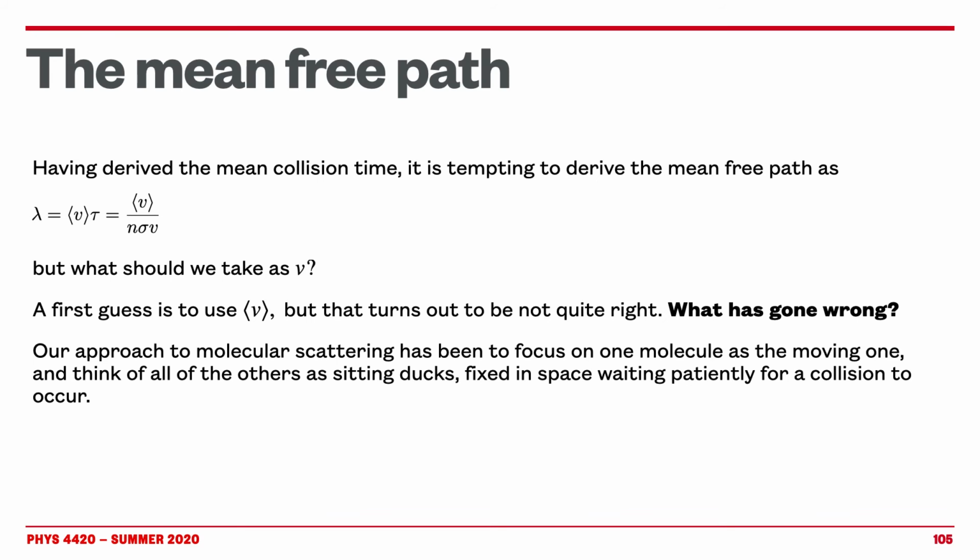So you would think that now that we have the time, it's very simple: the mean free path should be the average velocity times the time, right? However, if you do this, you will see that things do not work out. There is a systematic error, and the reason is an approximation we made at the beginning.